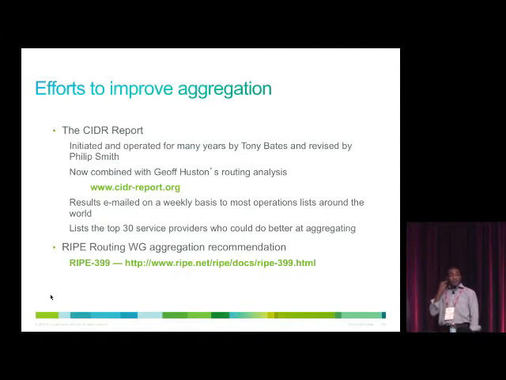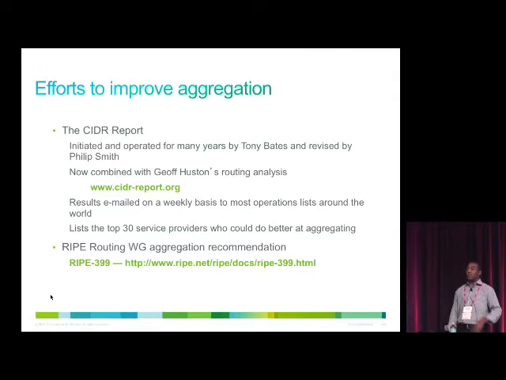So there have been efforts to improve the deaggregation issue, and one of them is the CIDR report. It was first started by Tony Bates and later on revised by Philip Smith, who developed this tutorial actually. I updated it, but he developed this tutorial. He continued with that effort, and now it's combined with Geoff Huston's routing analysis.